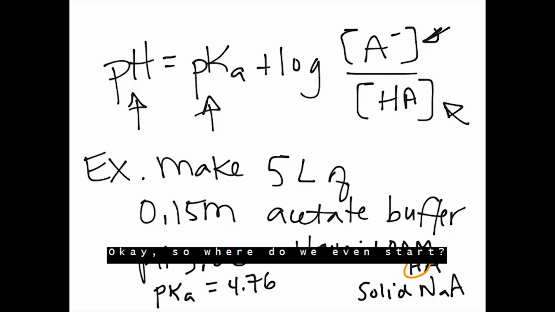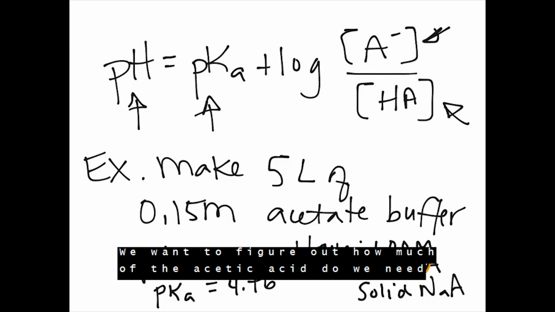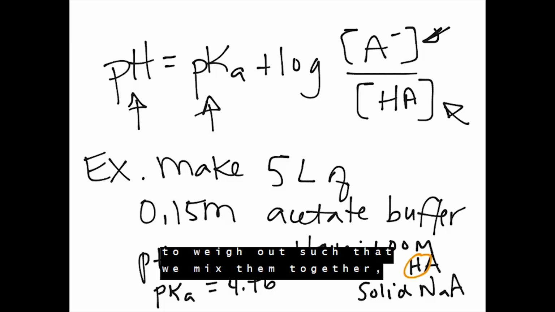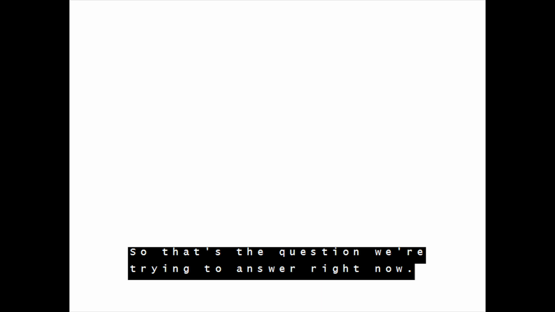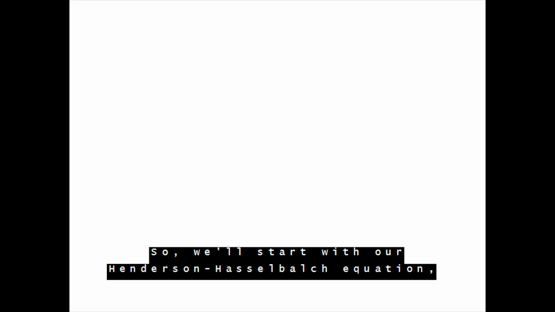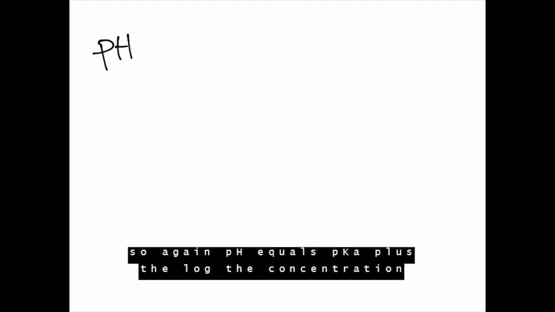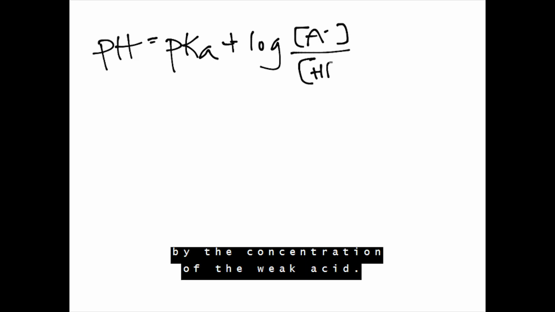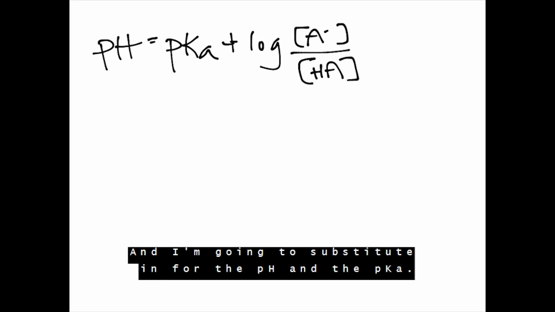Okay, so where do we even start? We want to figure out how much of the acetic acid we need to measure out and how much of the sodium acetate we need to weigh out, such that we mix them together, dilute to 5 liters, and we end up with a pH of 5.00. So that's the question we're trying to answer right now. So we'll start with our Henderson-Hasselbalch equation. So again, pH equals pKa plus the log of the concentration of the conjugate base divided by the concentration of the weak acid.